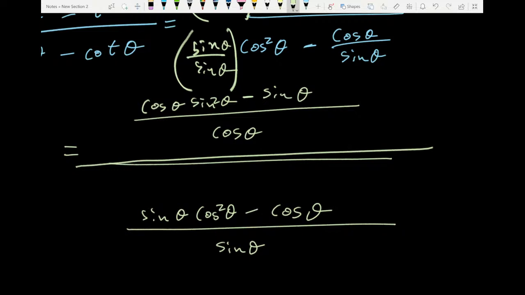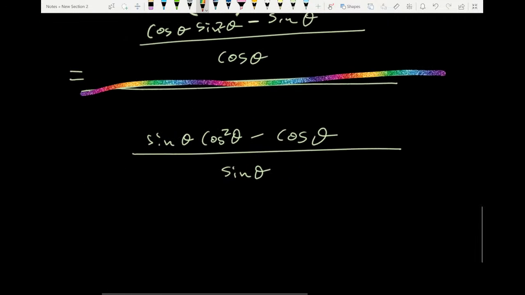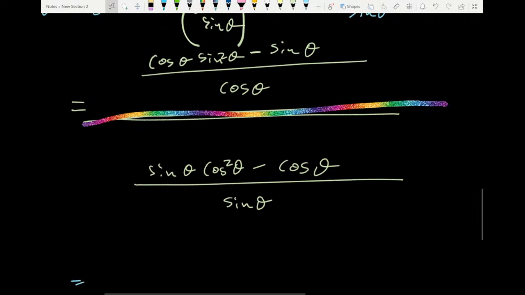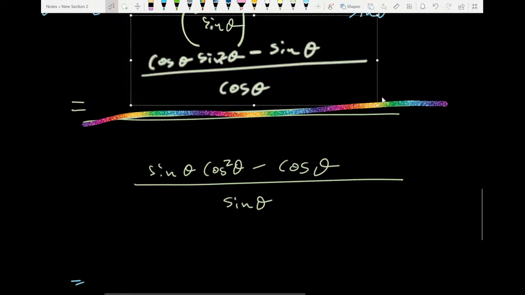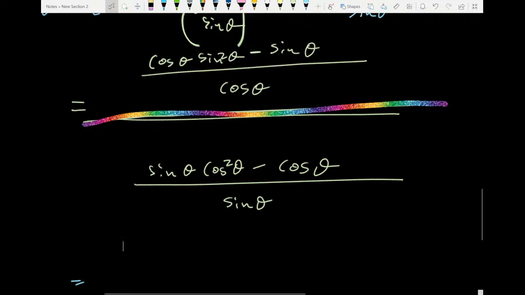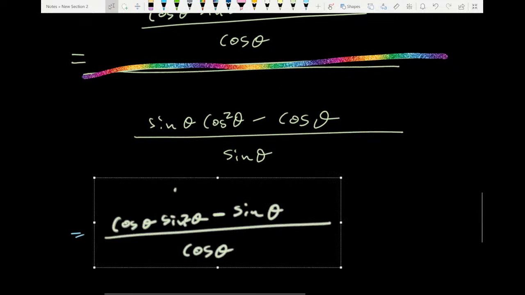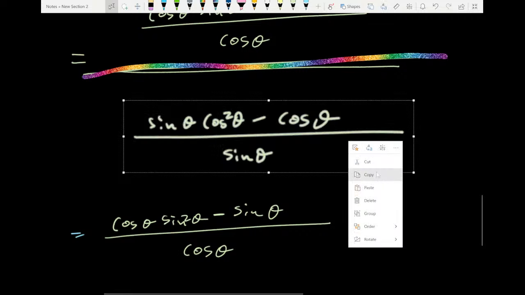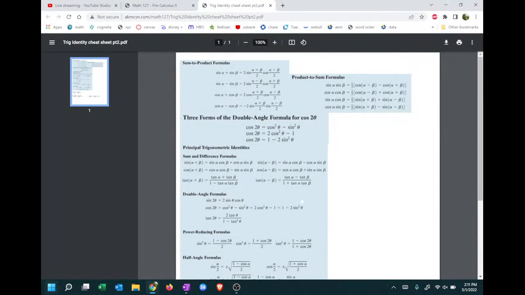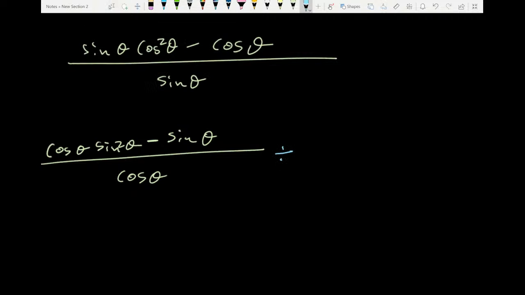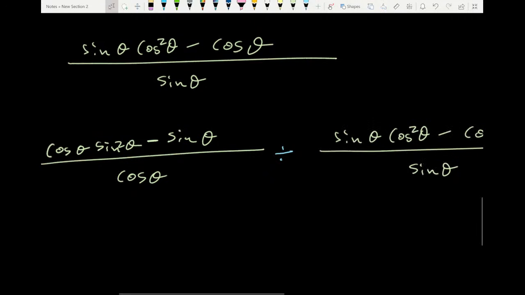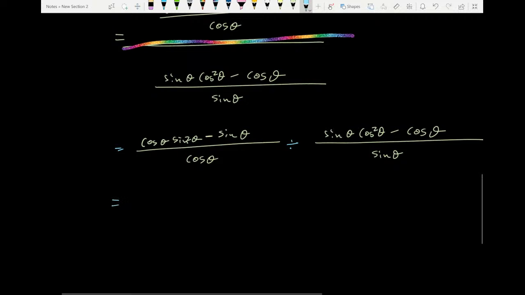So we have fraction over fraction. When we have fraction over fraction, what does that mean?